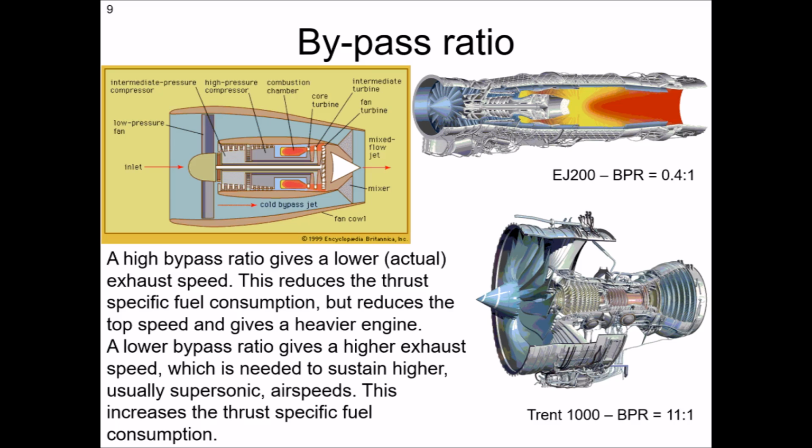So let's look at the top example. The air goes into the front of the engine, as we've seen. It goes through the compressor, into the combustion chamber, and out through the turbine, and it provides thrust. Almost all of the air that goes into the front goes through the combustion chamber and across the turbine. So the exhaust from this engine is very hot and provides a lot of thrust directly.